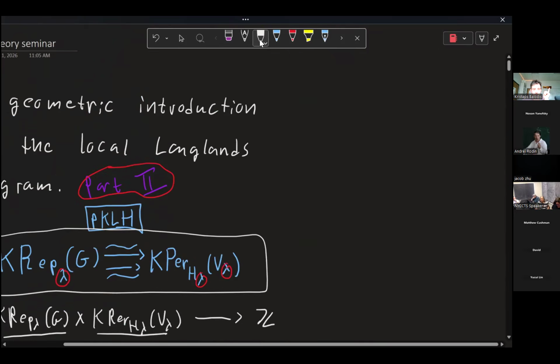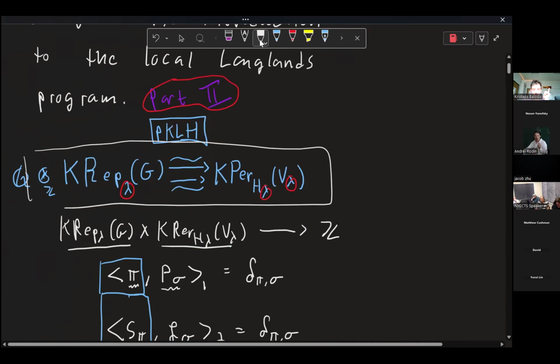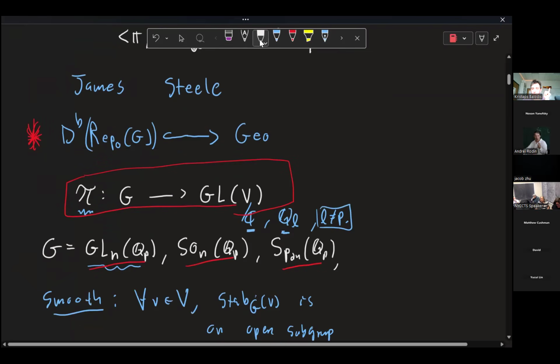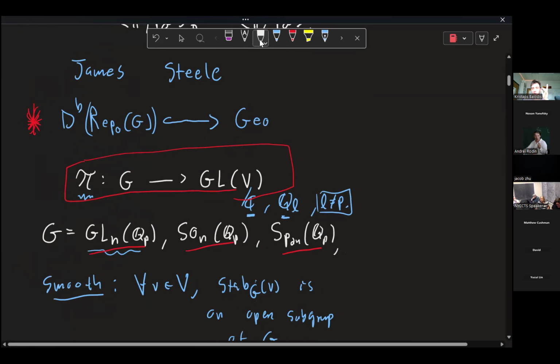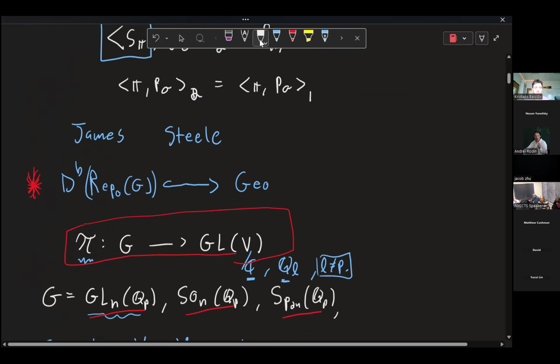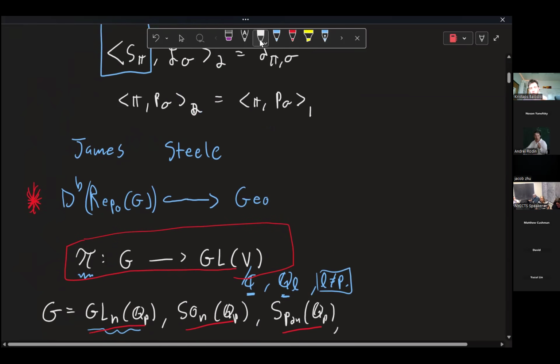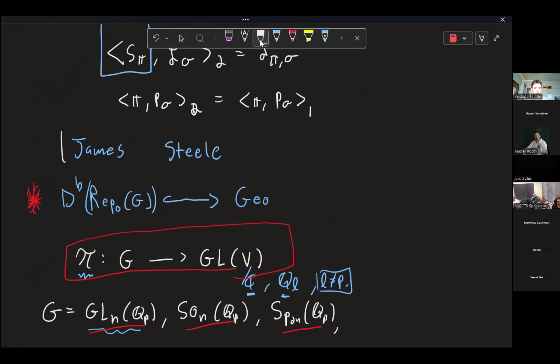Someone at the very beginning of the last talk asked me about Koszul duality, because I think we were talking about whether there is an equivalence of categories between the actual perverse sheaf category and the category of representations. And the answer is no, but there is a certain kind of derived equivalence going on called Koszul duality.